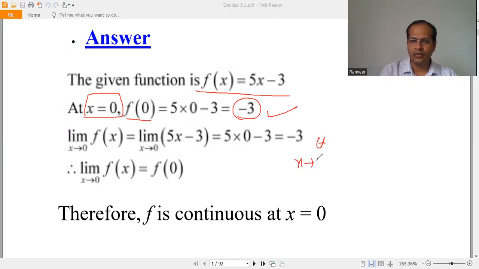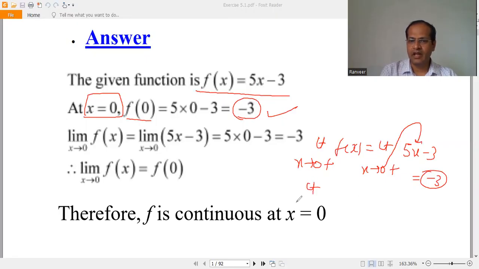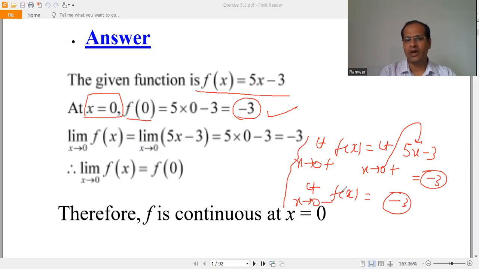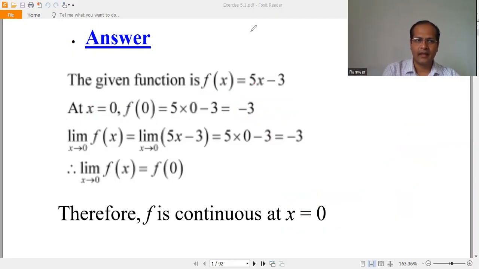Limit x tending to 0 plus f(x) is 5x minus 3, and with direct substitution this is minus 3. Similarly, limit x tending to 0 minus f(x) is also minus 3. If both values are the same, then definitely the function is continuous.